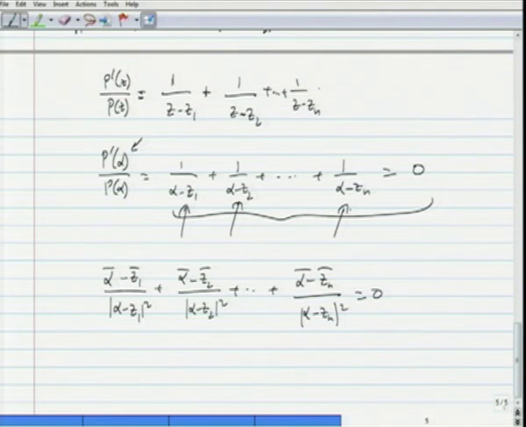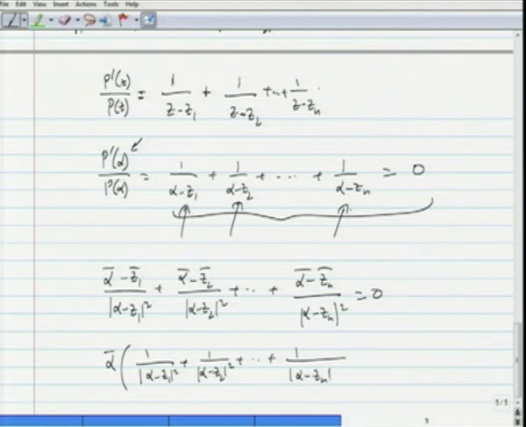Now let me factor out an alpha bar, I get 1 by modulus of alpha minus z1 squared plus 1 by modulus of alpha minus z2 squared plus so on plus 1 by modulus of alpha minus zn squared.